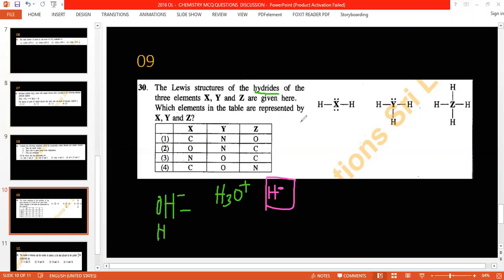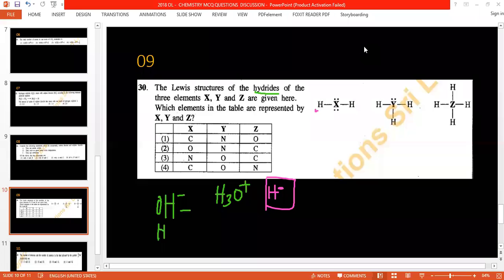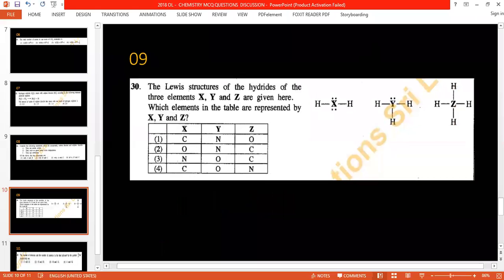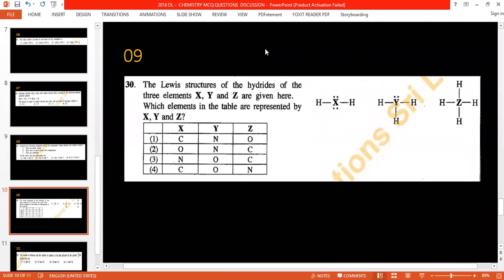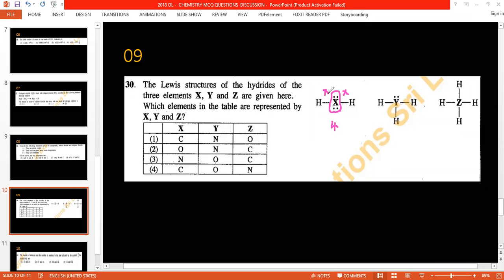The Lewis structures of the hydrides of three elements X, Y, and Z are given below. Which elements correspond here? H here, H here, H here. How to find this one? Look at this: the number of electrons in X, altogether 4 here, and one electron is bonded with hydrogen, another electron is bonded with hydrogen.